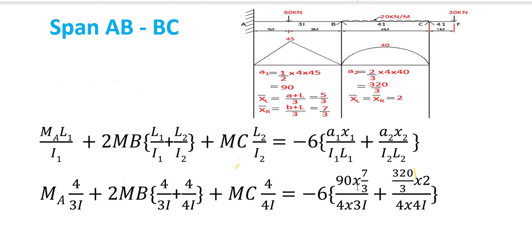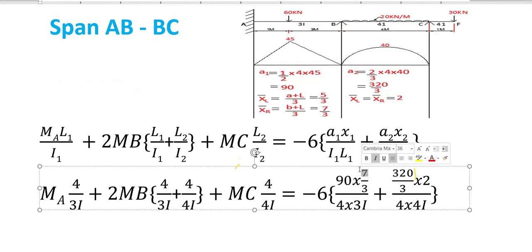multiplied by x bar, sorry, this is x bar left. Actually, I've made a mistake here. This is supposed to be 5.